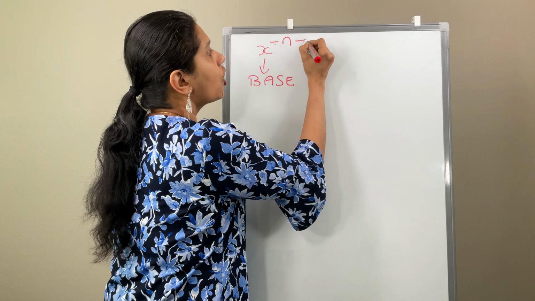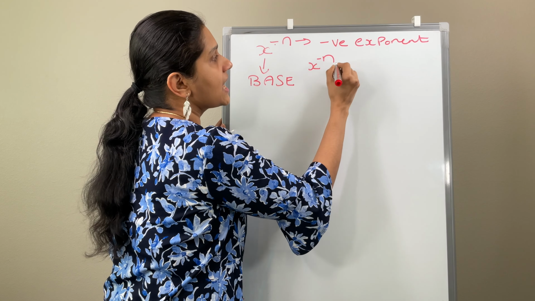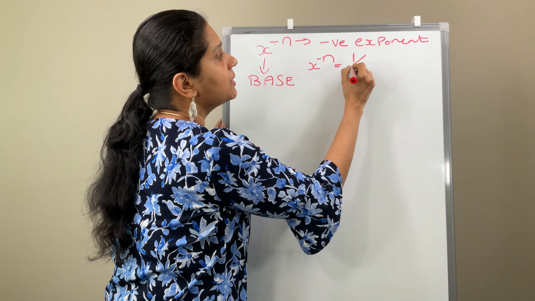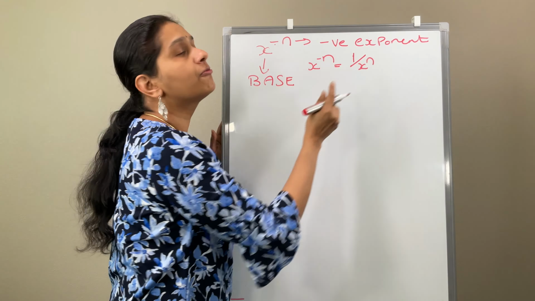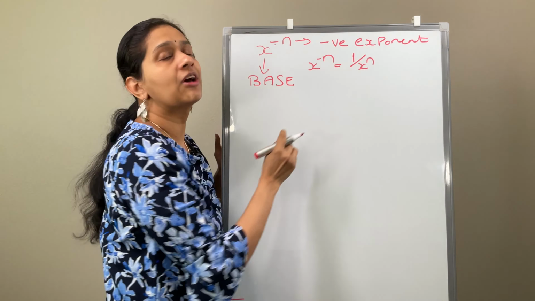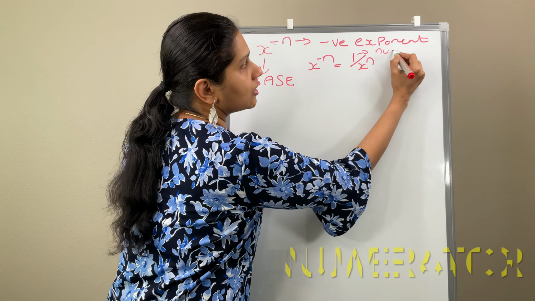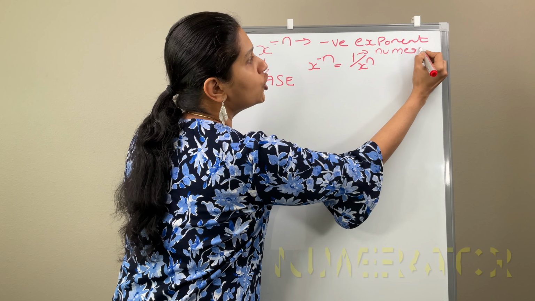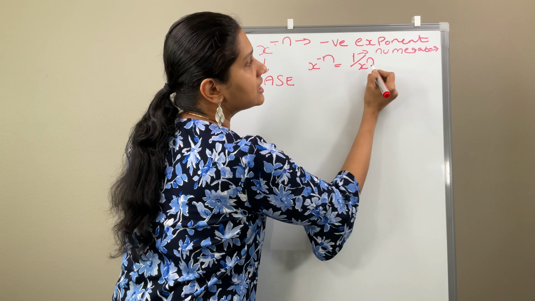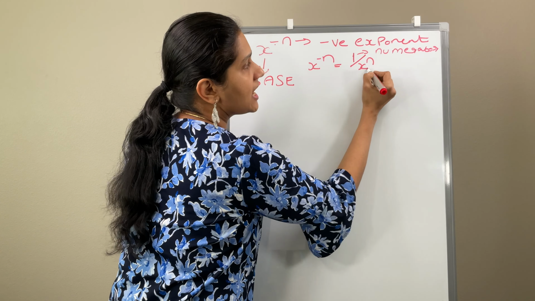According to the law of exponents, x raised to the power of minus n is equal to 1 by x to the power of n, which means this 1 is the numerator. 1 is called the numerator and this x to the power n is called the denominator.